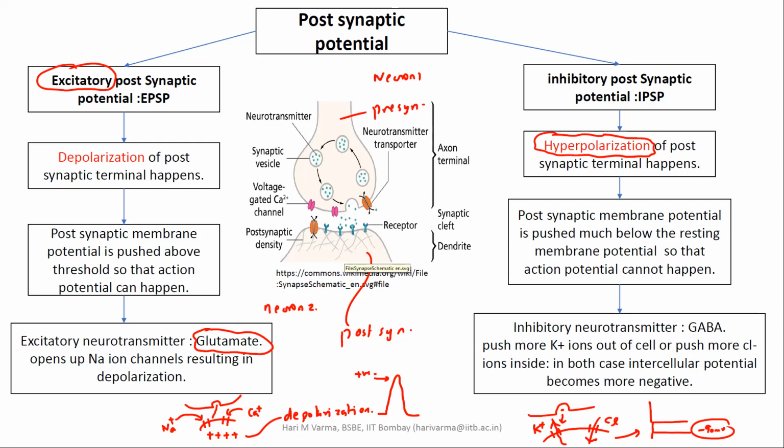It becomes difficult, and that process is called hyperpolarization. In some sense, we are inhibiting this postsynaptic neuron so that it will never take any action potentials. The signal cannot be passed. So that is called the inhibitory postsynaptic potential. So these are the two things that can happen.